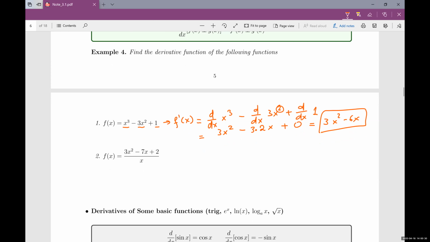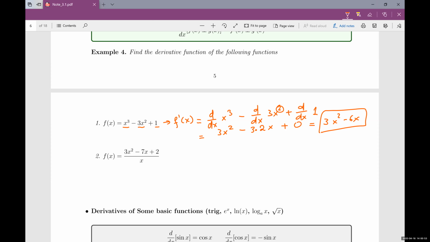Go to the next question. So you have a function, it's a rational function, and you have a division here, right? But we haven't learned about the product or the quotient rule yet. But one thing that we can do is simplify this function.